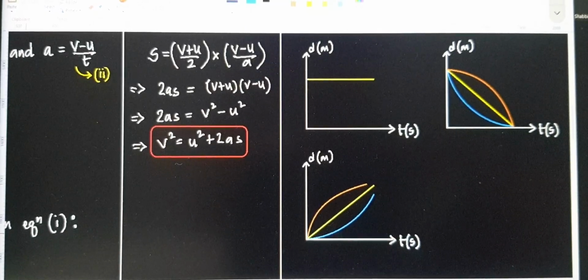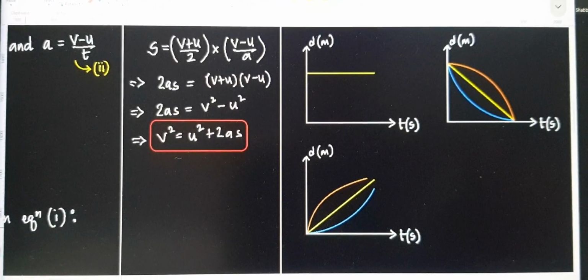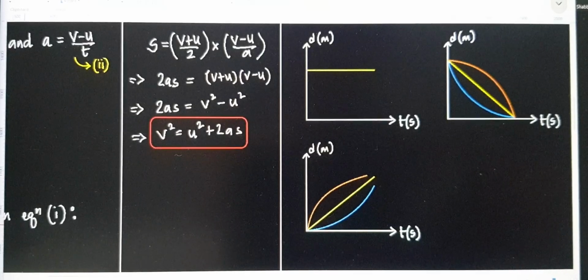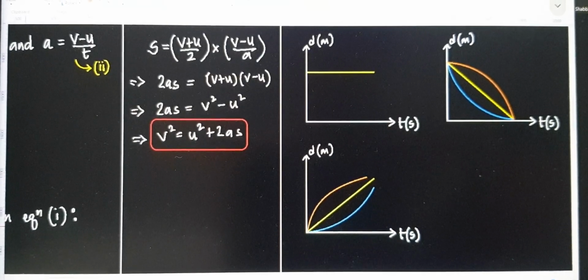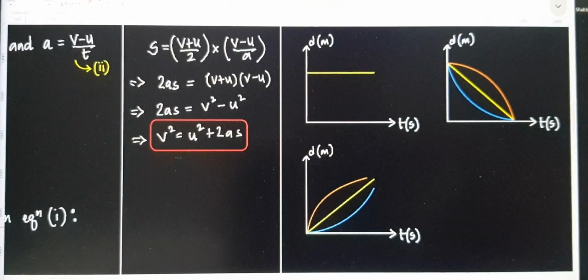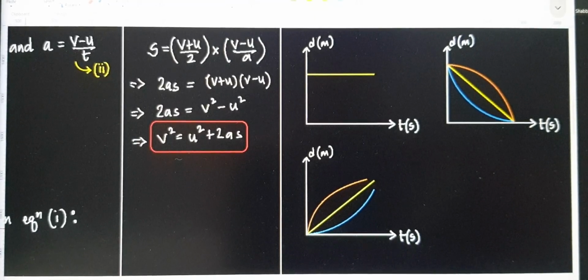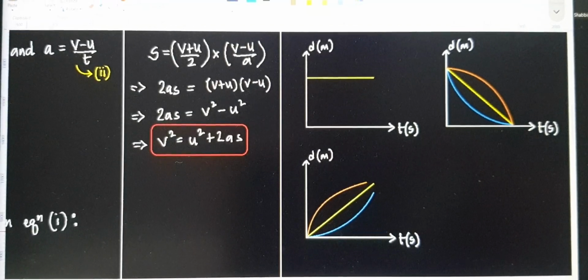So if this was a distance time graph, then you know that the gradient of this line represents velocity or speed, right? If this was a velocity time graph, then the line represents acceleration, right? If this was a voltage current graph, the line represents resistance.